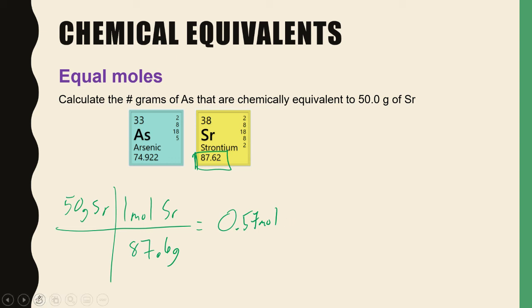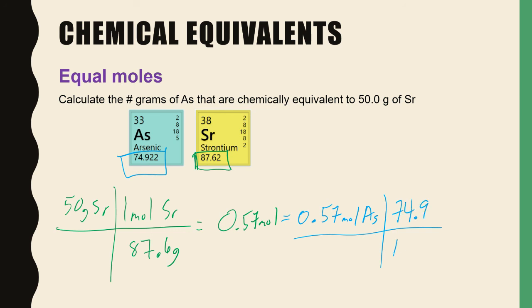Well, I also want that same amount of arsenic. So I want 0.57 mole of arsenic. And the question is, how many grams is that going to weigh? Well, now I want to take the mass of arsenic and put that on the top, and that's for 1 mole of arsenic.